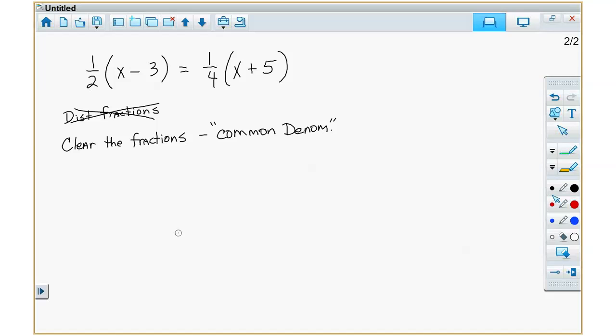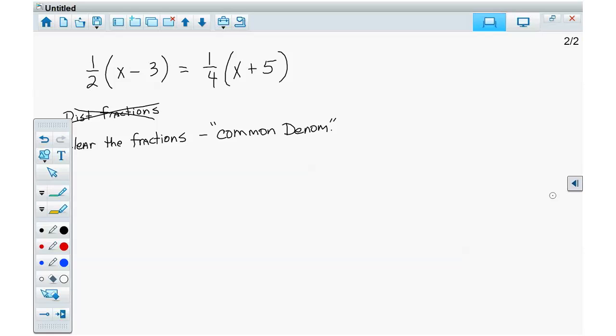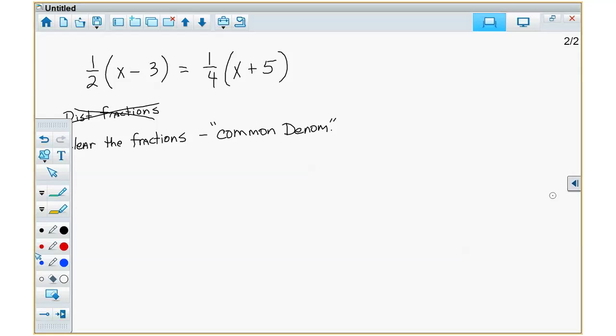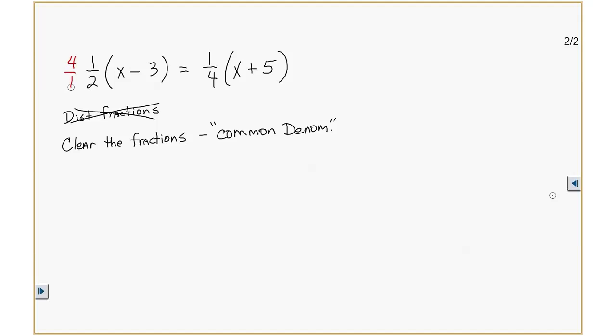What is the common denominator of 4 and 2? 4. So I'm going to multiply both sides by 4/1. Y'all do that.